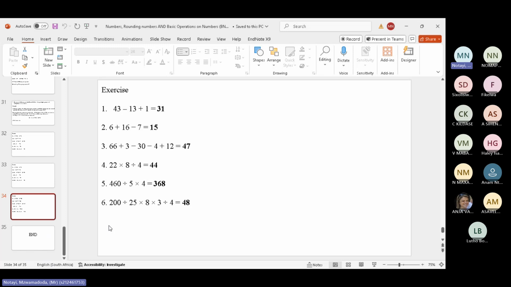So, in summary, if only two operations appear in an expression or equation, we operate from left to right. In the first case, we have only subtraction and addition, so we first deal with the subtraction and then the addition.